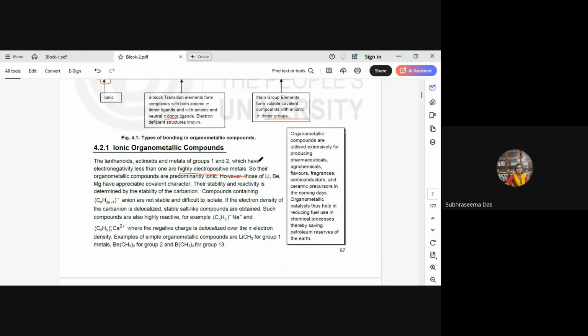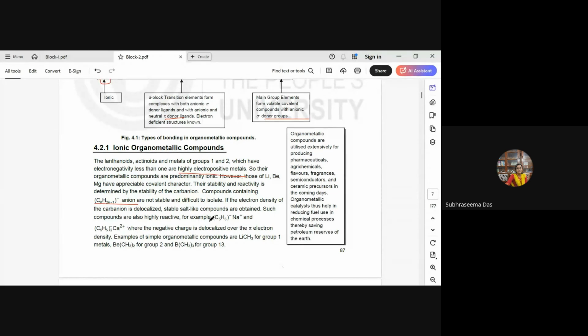Their stability and reactivity are determined by the nature of the carbanion. The compounds containing CnH2n+1 minus ion are not stable, and that is why they are difficult to isolate. If the electron density of the carbanion is delocalized, then stable salt-like compounds are obtained.